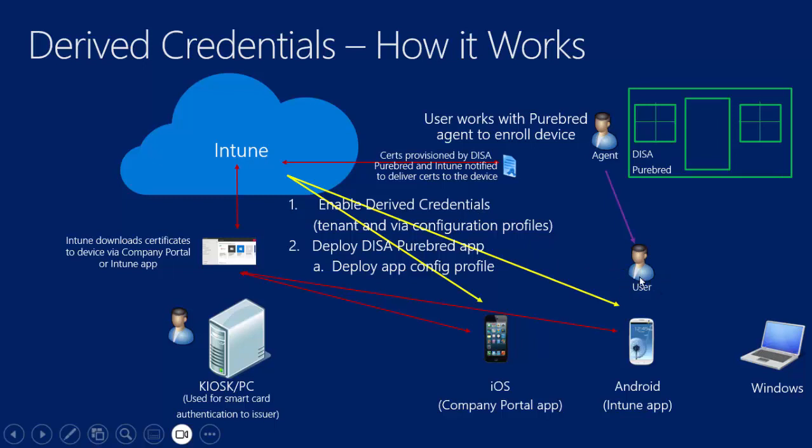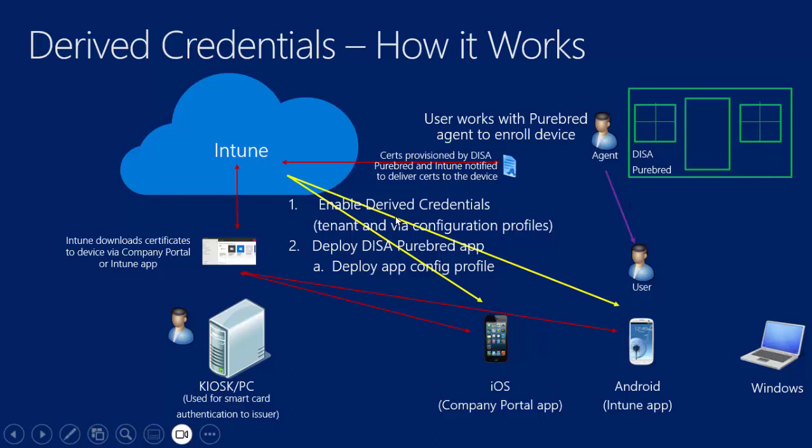Well, really it's one, right? So this user is truly an end user. This agent is, in this case, a representative from Red Hat Software, or the Purebred agent is what they're called. I'll explain that more in a minute. But there's three personas that I think about. The third one would be the Intune admin themselves, right? As I work through these steps, I'm currently in the context of the Intune administrator, and I'll tell you when I shift to another context and how things work, right?